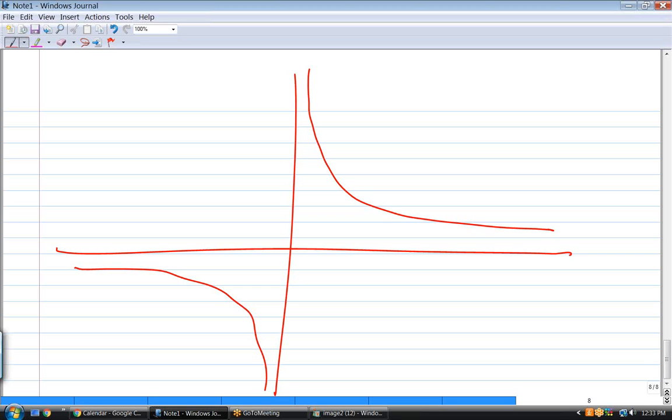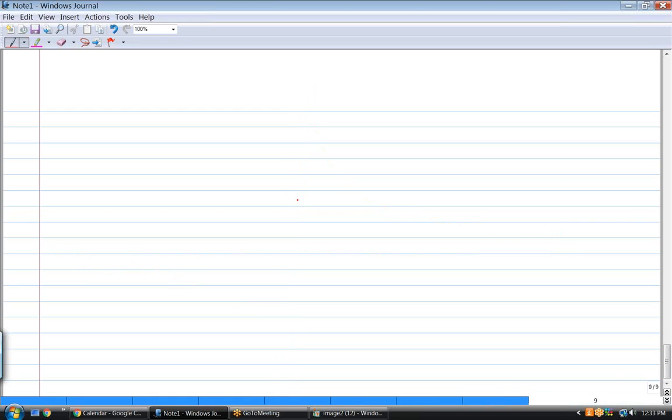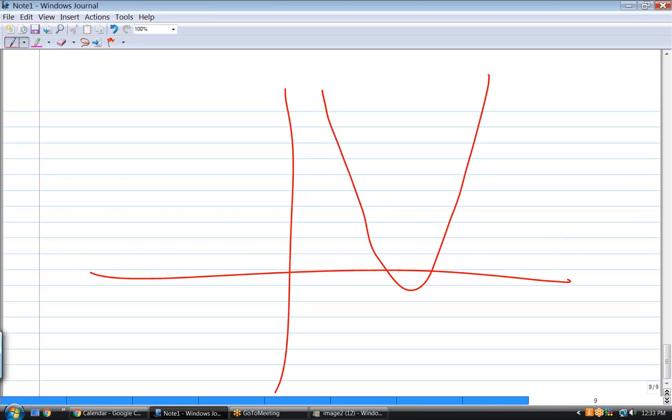Its minimum is negative infinity, which means it does not have a minimum. So infinity doesn't count. If I have a parabola, well, that doesn't have any maximums, but it does have a minimum right there. That's its minimum value. And it comes when x is equal to that value right there.